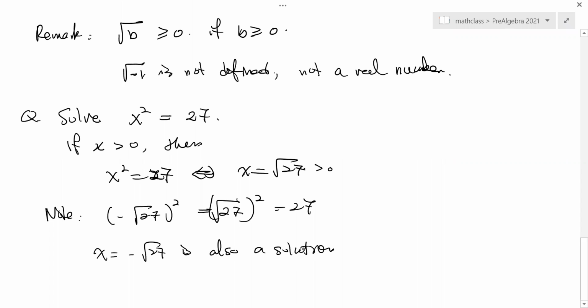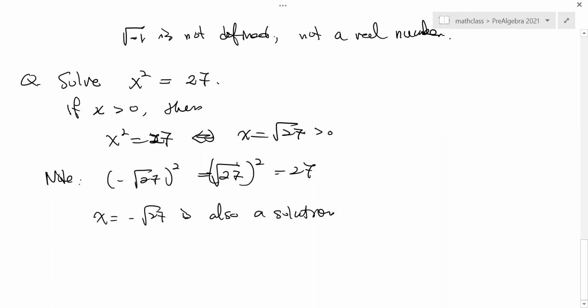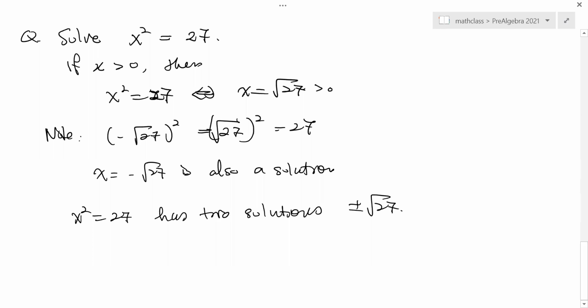In fact, the above equation has two solutions: x squared equals 27 has two solutions, plus or minus the square root of 27. So when you solve an equation, be careful. Unless you already know x is positive, you're going to have two solutions.